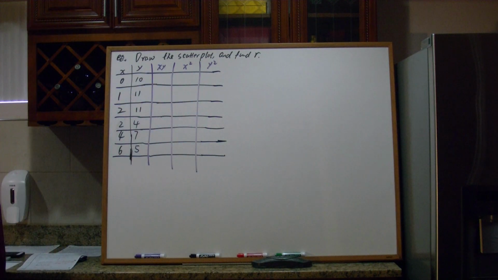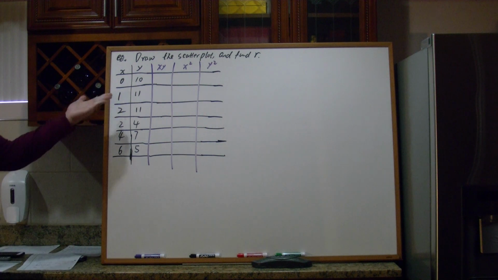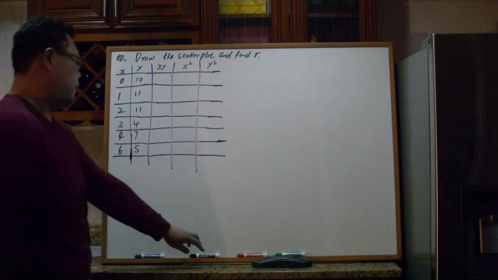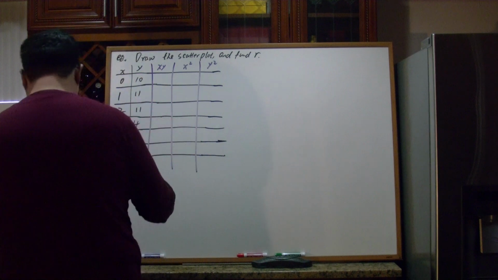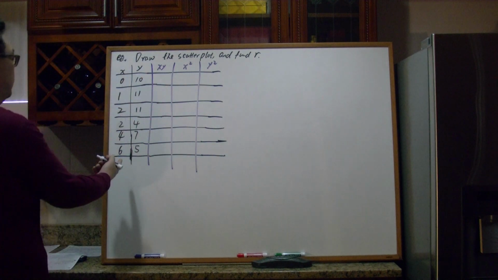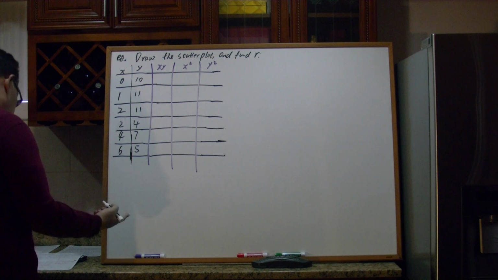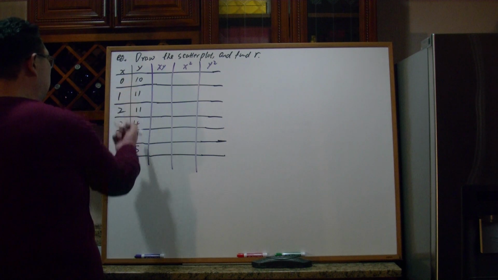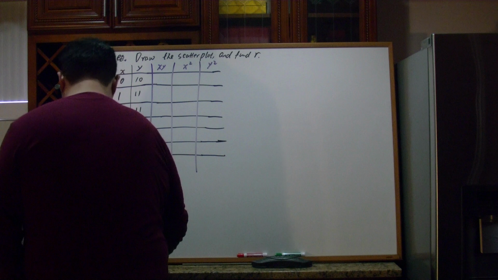Right, they are in the table. So to compute the r, we need that table. Before that, we may draw the paired graph. The x value takes values from 0 to 6, and y takes values from 5 to 10.